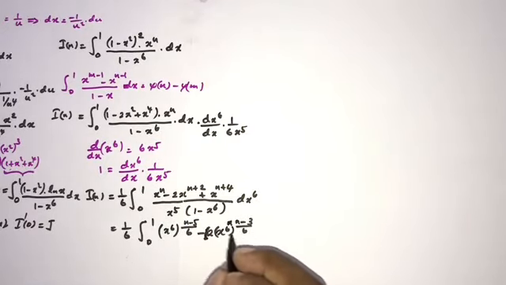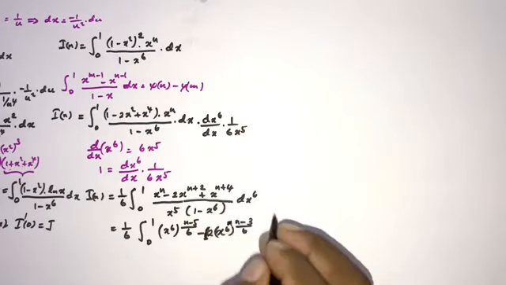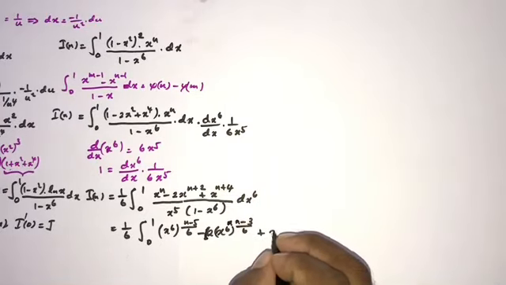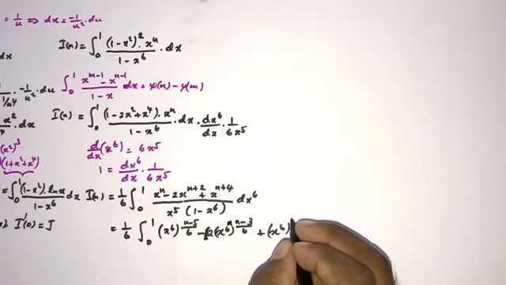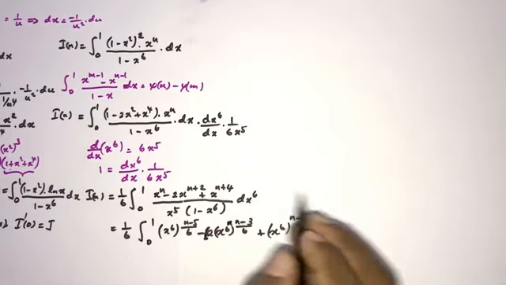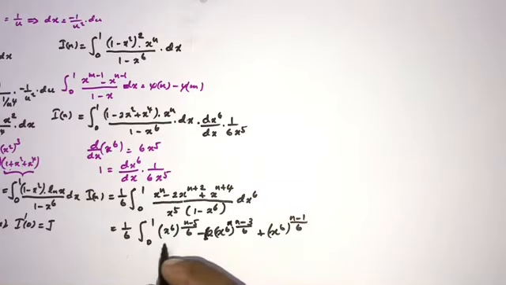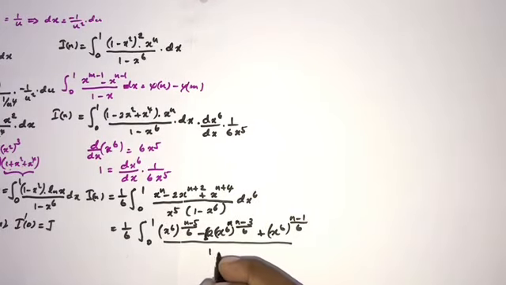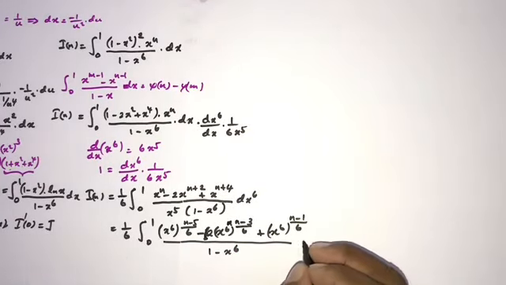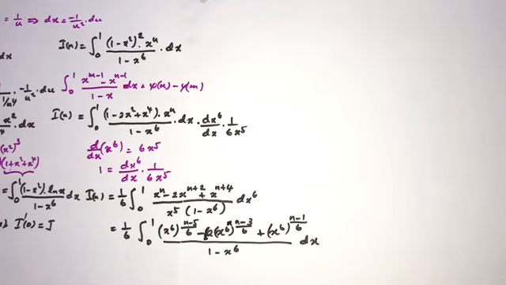Now this 6 gets cancelled and we have x to the n minus 3. Then here x to the n plus 4, so we can write plus x to the 6 power raised to the n minus 1 over 6 power over, now in the denominator we have 1 minus x to the 6 power, and here dx to the 6 power.